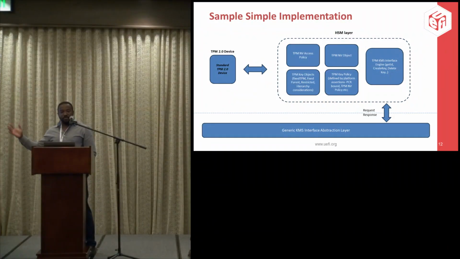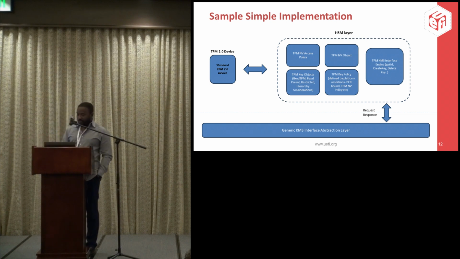You want to control when these objects are available and when they are not. And you just have a KMS interface layer that responds to KMS requests like get key, create key, get ID, or create ID.